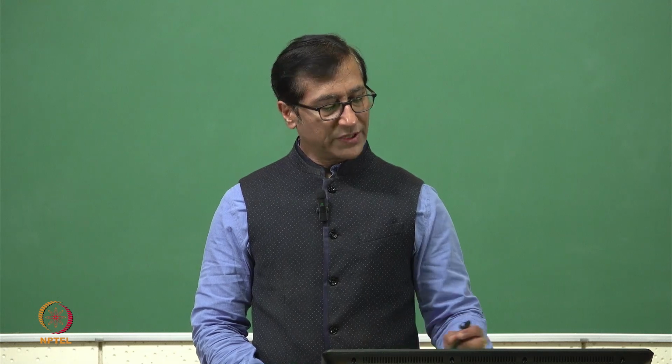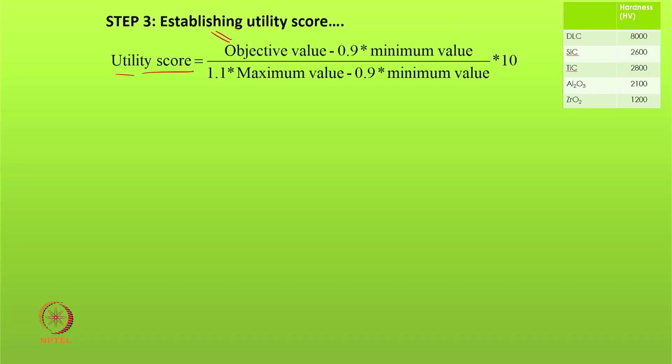Just for the purpose of comparison, for the time being I'm assuming that we don't have a worst material and we don't have a best material. That's why I've used 0.9 instead of 0, and instead of 10 I have used 1.1 times the best value. That means whatever the value, we are getting the best value for the time being.